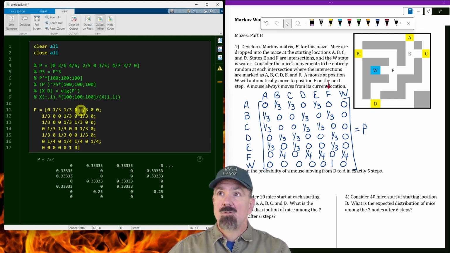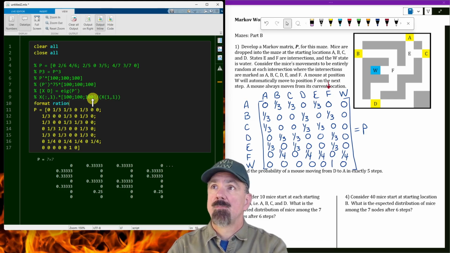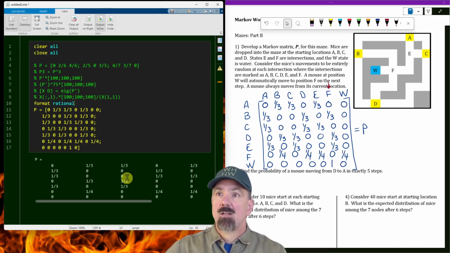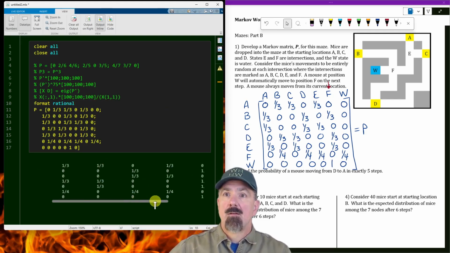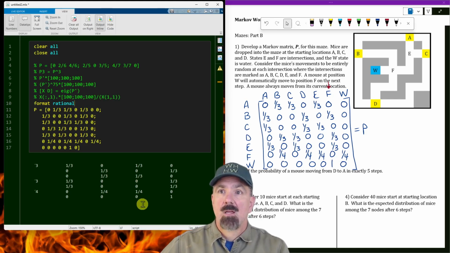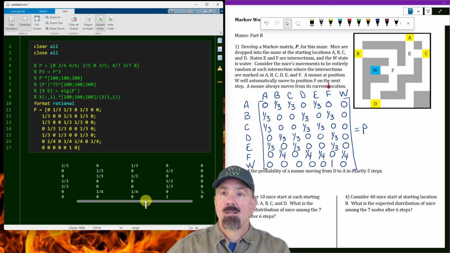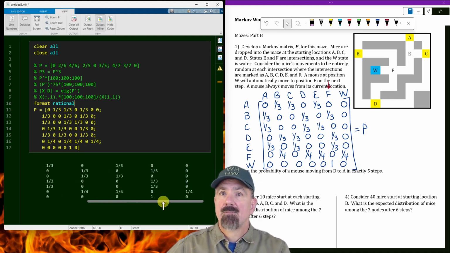And as I said, if you type in format rational, this will give us the output in fractions. And so we can just check to make sure that we have everything correct. Okay. Right. And you'll notice this matches exactly what we want right here.